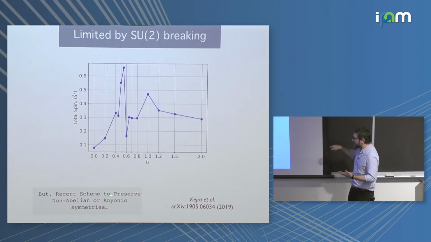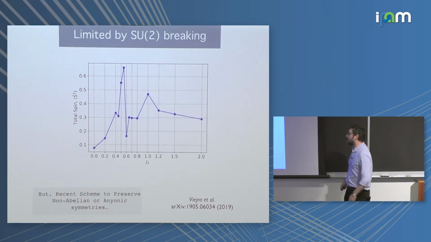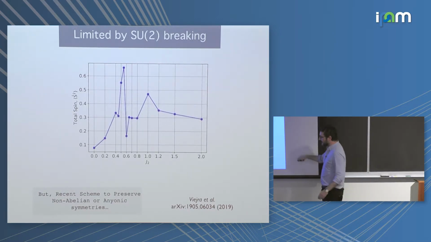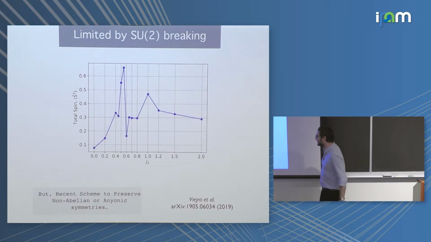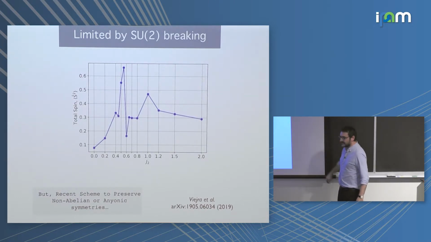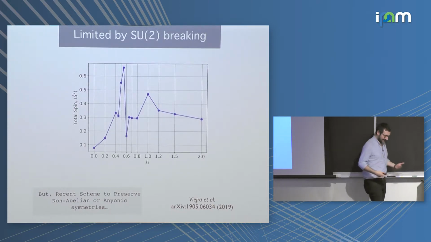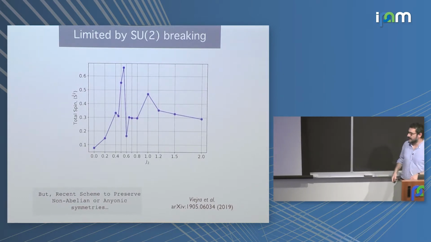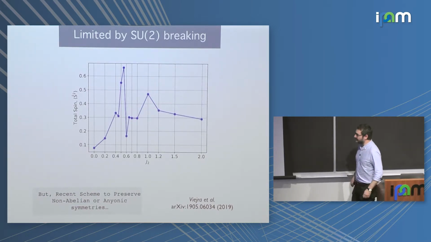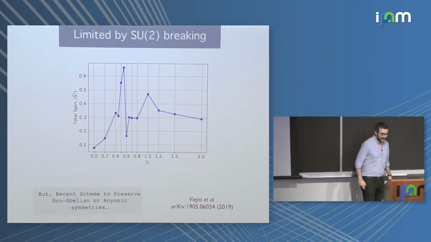But there has recently been a way to impose this SU(2) symmetry, and also more complicated things, in these neural network states, which was published as early as May. And I believe that using this kind of idea, we can improve even further and hopefully put a final word on this model, even though it's pretty complicated.